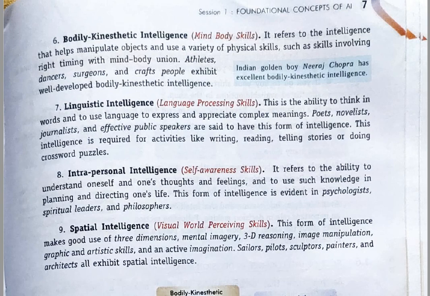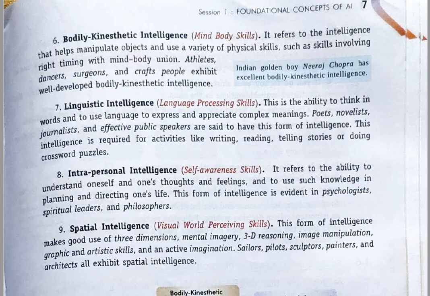Okay, so the designers that design various types of sports cars, sports bikes, various logos, these people do have this spatial intelligence in which you can visualize things and draw them. For example, sailors, pilots, sculptors, painters, architects, these are said to have this spatial intelligence.